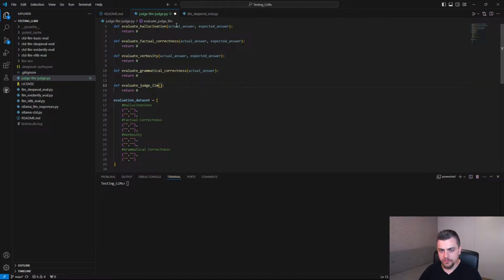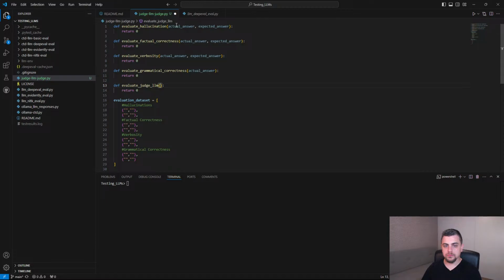Okay, evaluating the judge large language models. Well, in this case, what will we need? We will need a set of functions, because in that evaluate judge LLM we will use the functions defined there.